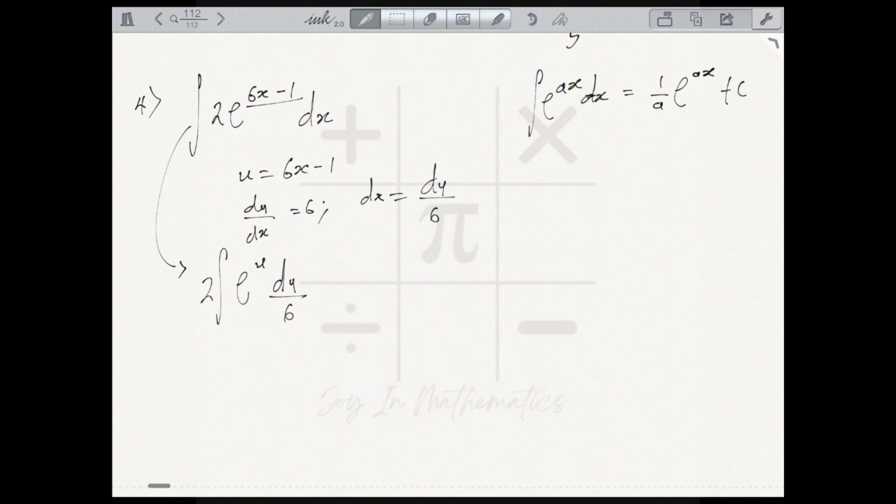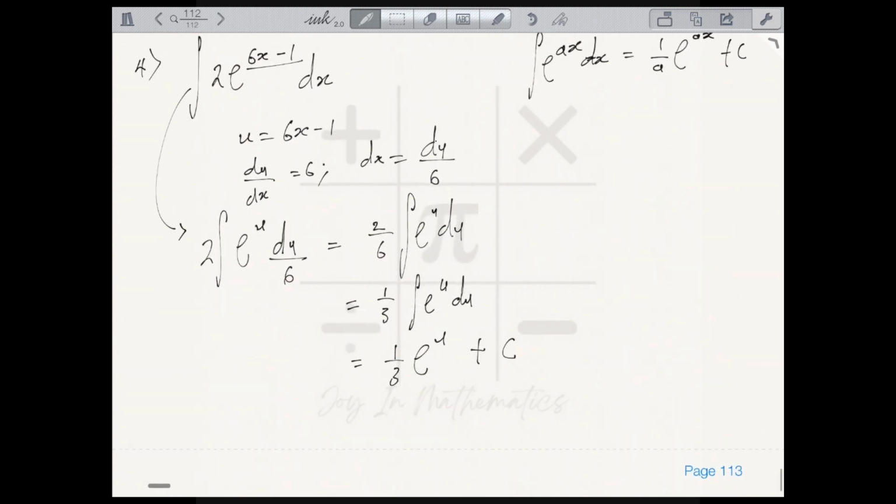So we can write this as 2 over 6 integral of exponential u du, and similarly this gives us 1 over 3 integral of exponential u du. Integrating exponential u, we will have exponential u, so this gives us 1 over 3 exponential u plus c. Then we substitute our u back as 1 over 3 exponential 6x minus 1 plus c.